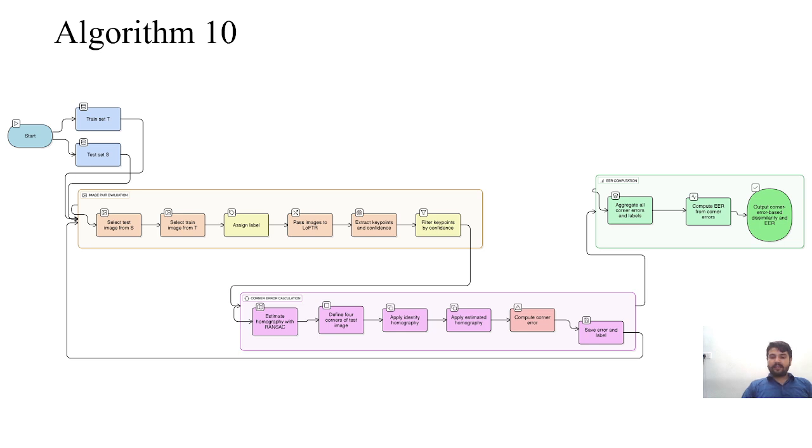and save the corner error as the dissimilarity score, and run this on all pairs available in the file and aggregate all corner errors and labels.